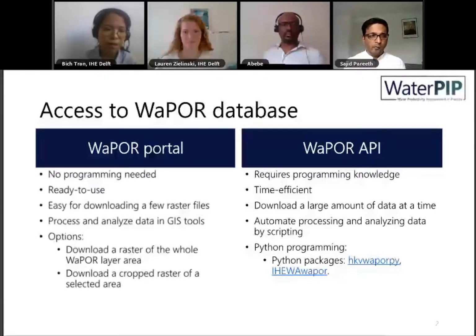However, sometimes it's very easy to download a few raster files, but for example, if you want to download and process a large amount of data, like decadal data for 10 years, then with this WaPOR portal, it might take a lot of clicking and downloading. That's why we want to use the WaPOR API, because it's more time efficient to download a large amount of data. It can also link with other programming languages to automate processing and analyzing data by scripting.